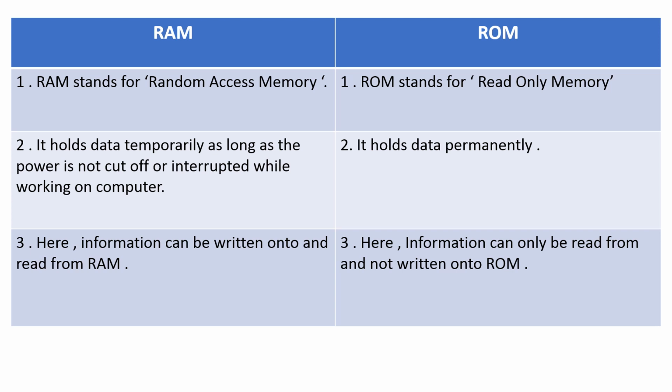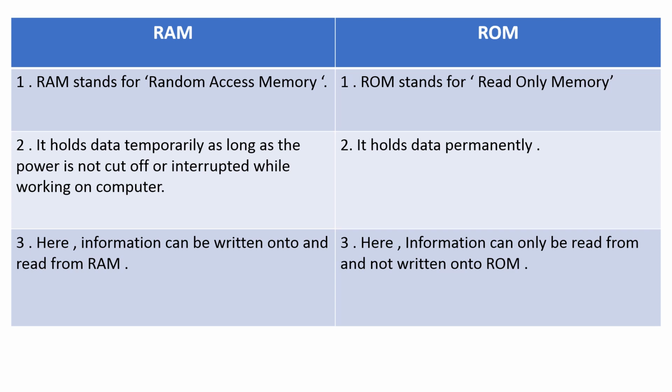Now, ROM is the complete opposite of RAM, and ROM holds the data permanently. Means even if your power supply is switched off, your information will be saved permanently and you will be able to restore it. You will be able to read it again. You will be able to save it again.